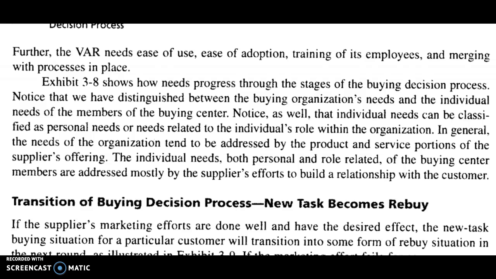In general, the needs of the organization tend to be addressed by the product and service portions of the supplier's offering. The individual needs, both personal and role-related, of the buying center members are addressed mostly by the supplier's efforts to build a relationship with the customer.